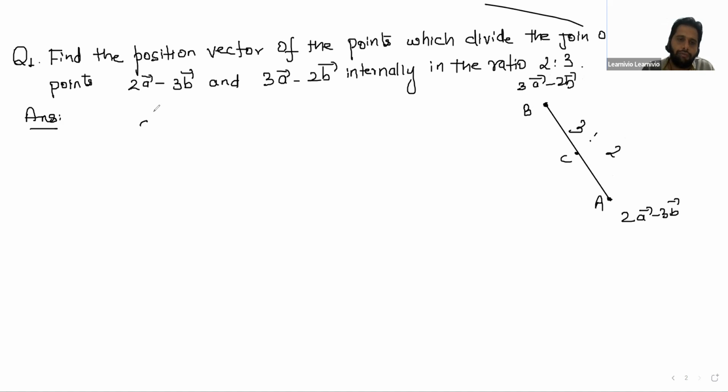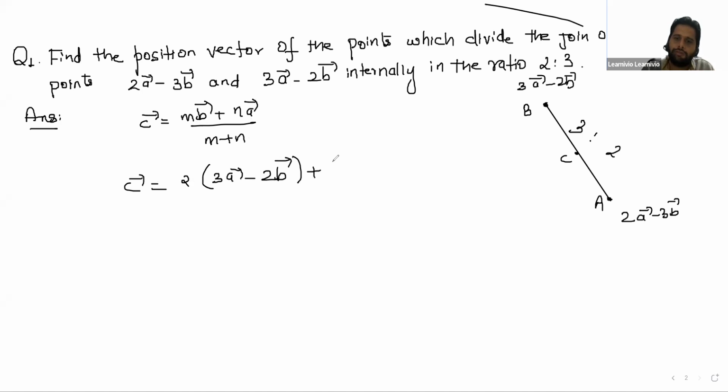So we need to find this C. So C is what? MB plus NA by M plus N. So C is equal to MB, so 2 into 3A minus 2B plus 3 into 2A minus 3B by M plus N, which means 3 plus 2.